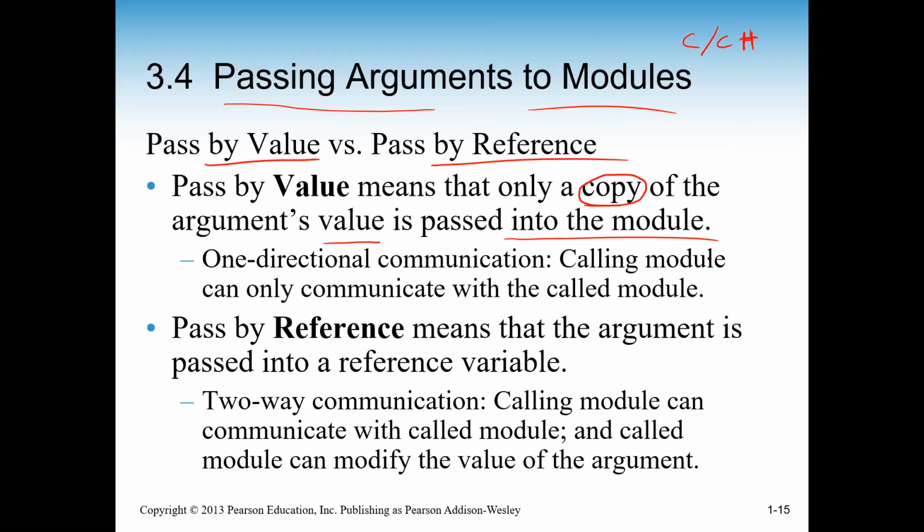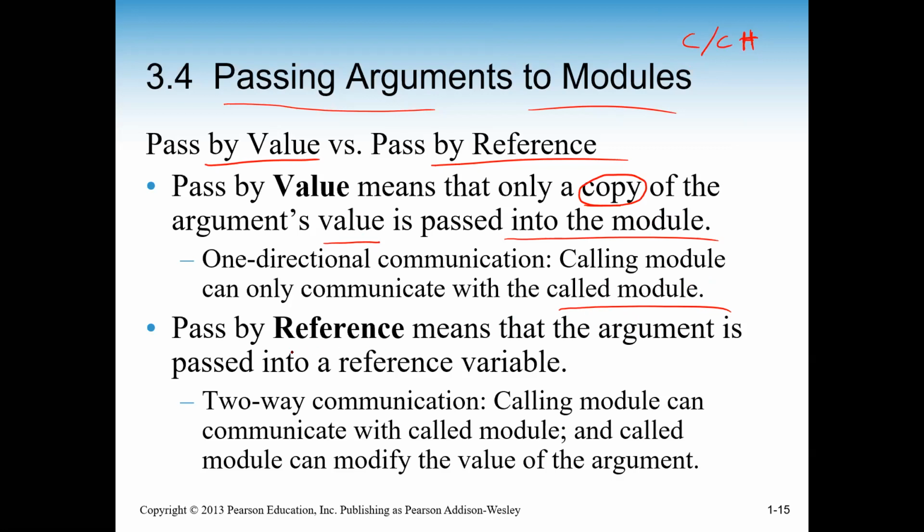You literally make a copy of whatever it was outside and you pass it. One directional communication. The calling module can only communicate with the called module. So that's sort of the idea. You only pass it in one direction.